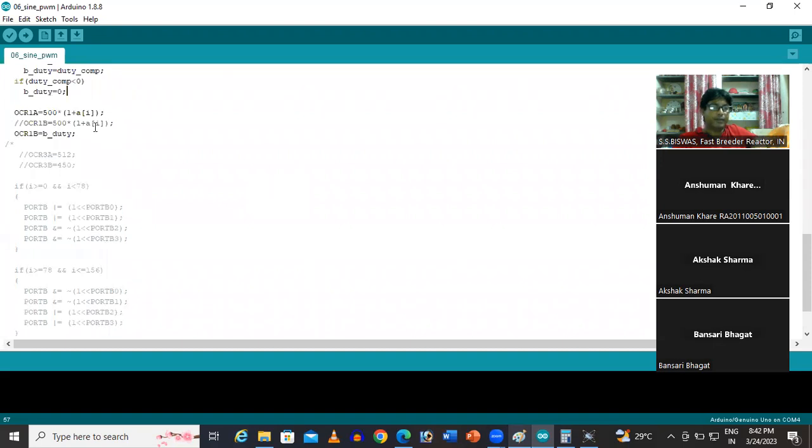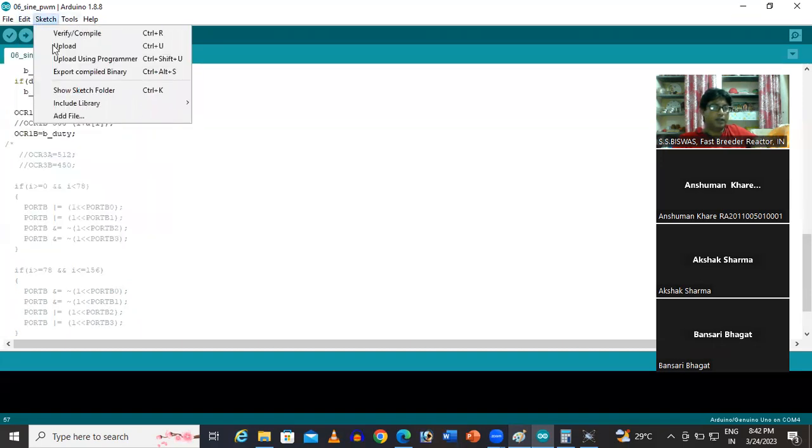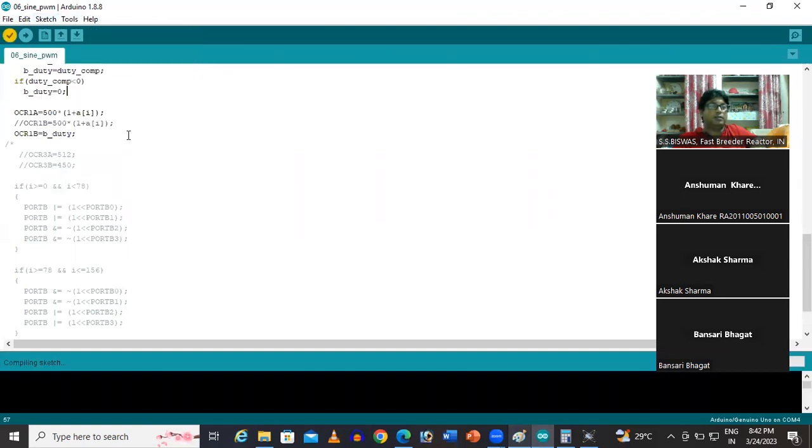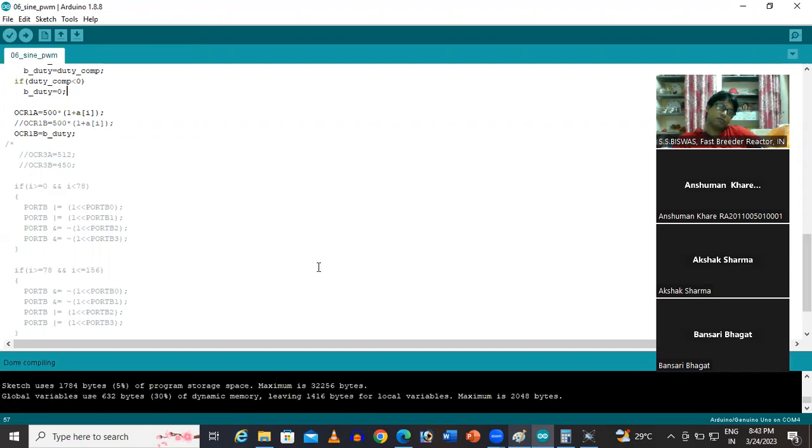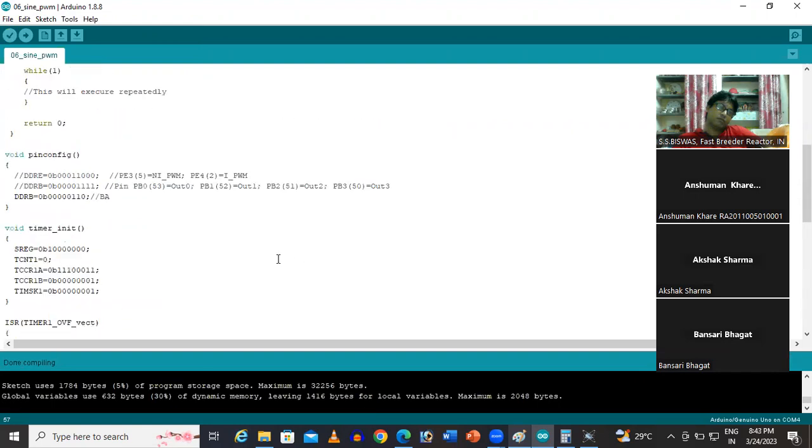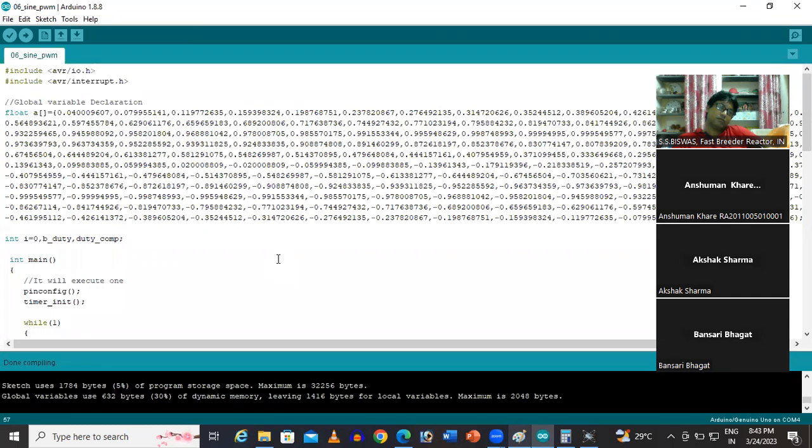Okay. So now if I compile it, once again I will show the program slowly. So this is the sine theta.